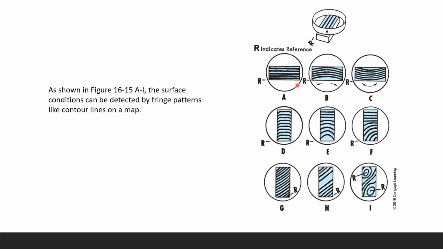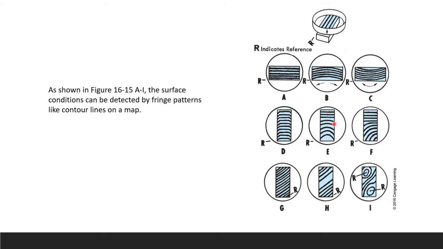These fringe patterns are all different, and they tell you about the surface conditions. And here is one type that's a little bit curved. Here you have a concave and a convex. And here, different patterns. See how that goes?